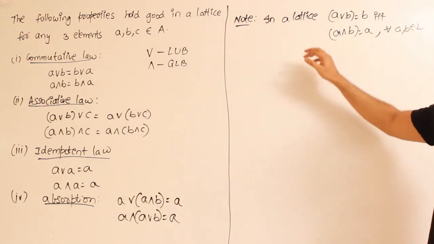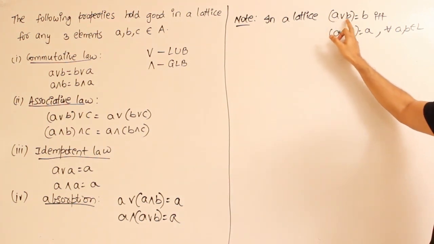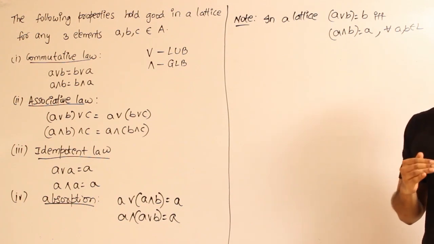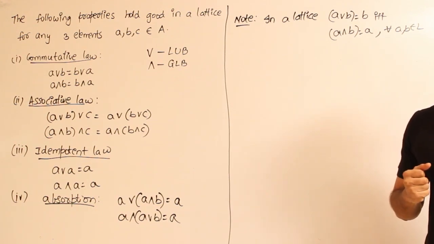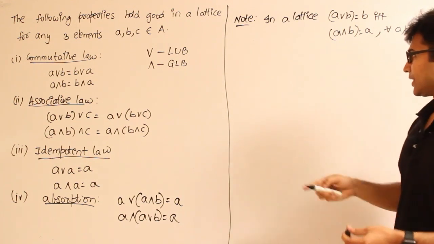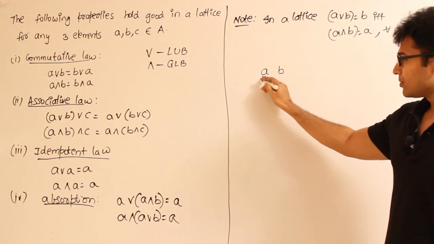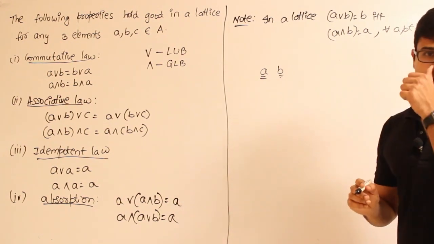And now in any lattice, if you take A and B, if one of the elements is the least upper bound, then the other element is going to be the greatest lower bound. If I take two elements like this, A, B, and any one of them is the least upper bound, then the remaining one is going to be the greatest lower bound.